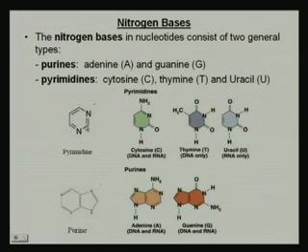Whereas among the pyrimidine derivatives, cytosine is present in both DNA and RNA, whereas thymine is present only in DNA and uracil is present only in RNA.